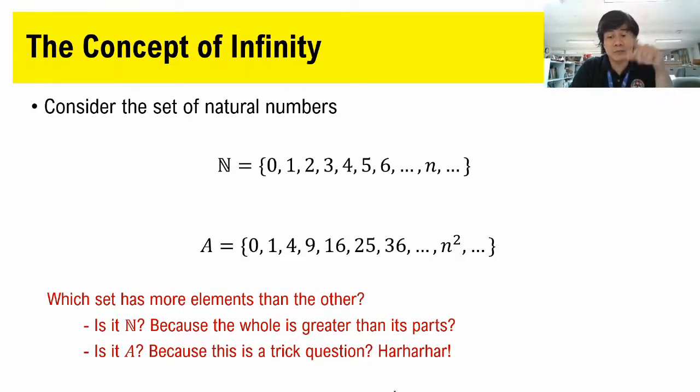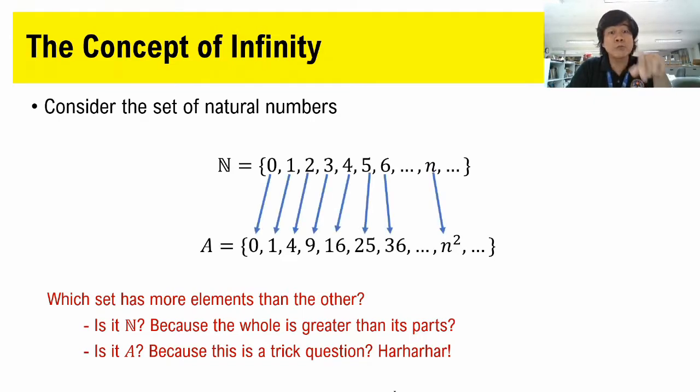That is, we map 0 with 0, 1 with 1, 2 with 4, which is the square of 2, 3 with 9, 4 with 16, so on and so forth, with n squared. So you have a one-to-one correspondence between the set of natural numbers and the set of these squared elements.